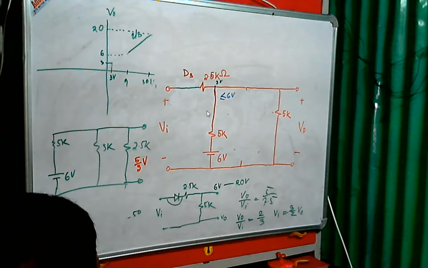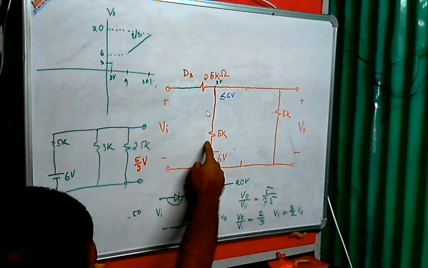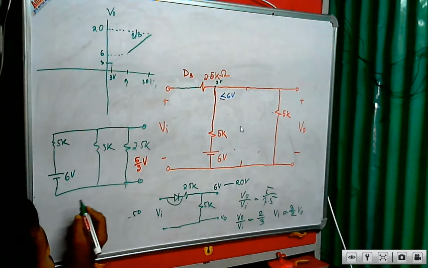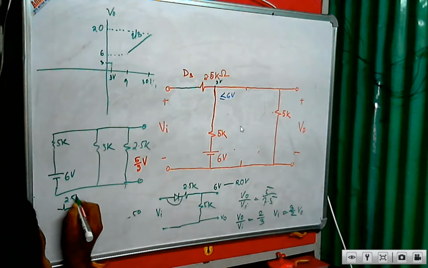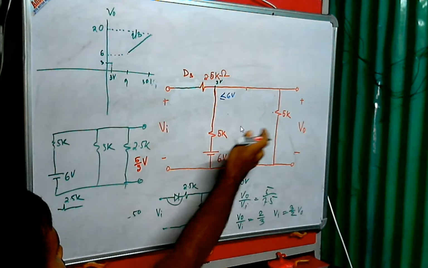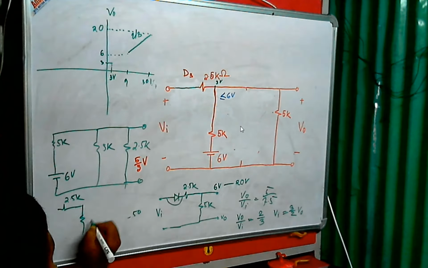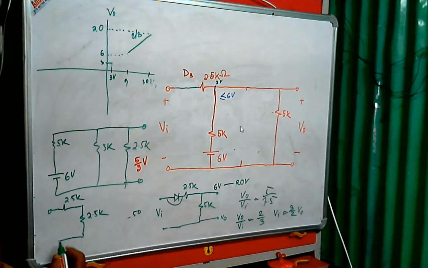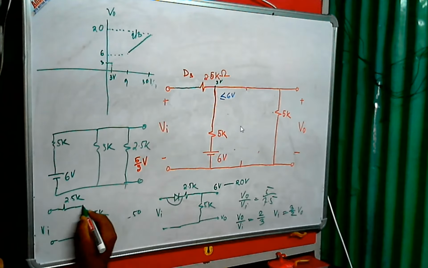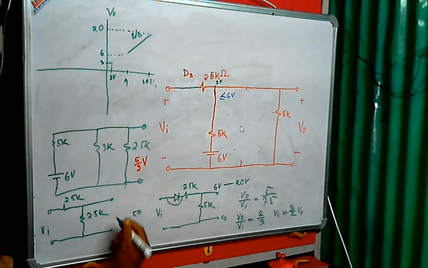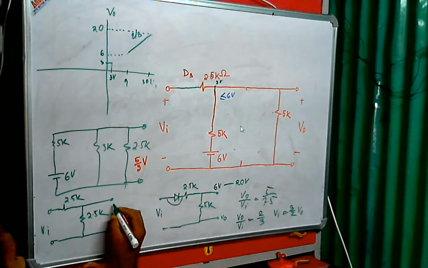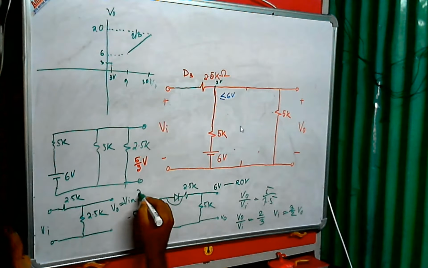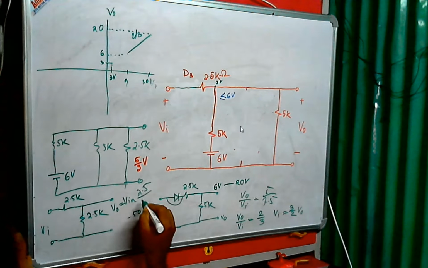Next you can kill this particular voltage source, and you can find the output. In that case your circuit will be simply 2.5k, since this 5k and this 5k will be parallel, so it will be 2.5k. And you have this input Vin and this output Vout. So Vout is Vin into 2.5 divided by 2.5 plus 2.5, that is 5.